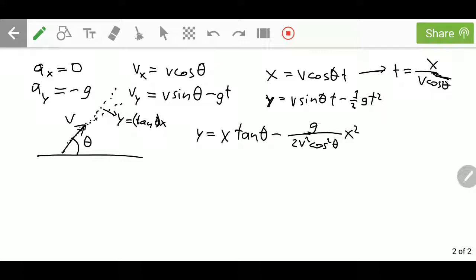And v is in the denominator, which also makes sense, because if the particle moved faster, then it would take less time to move a particular horizontal distance, which means that it would fall less from that line in the given time. And as I mentioned, it is a downward opening parabola, and so those things make sense for projectile motion.